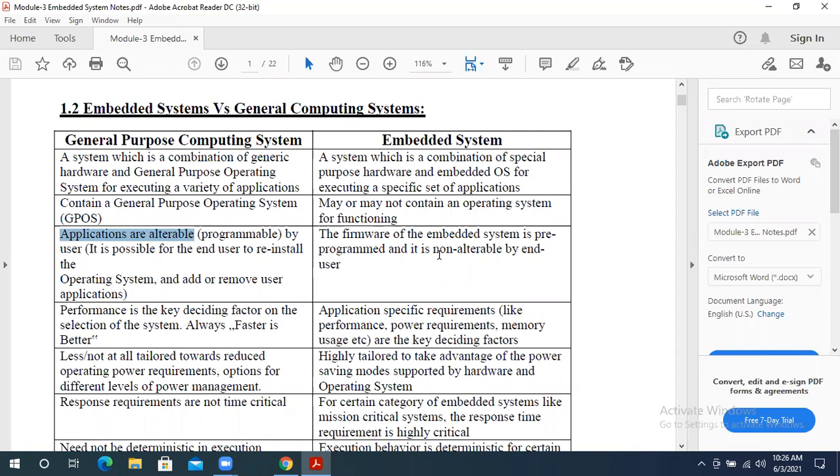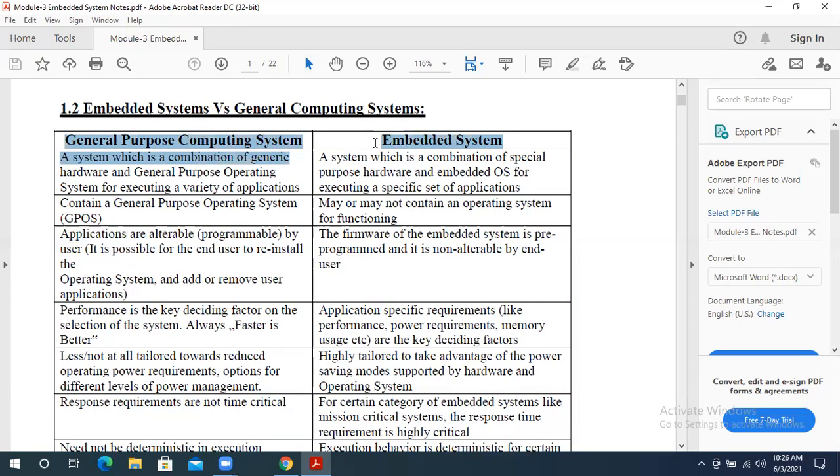So the fourth difference is that performance is the key deciding factor in the selection of the system here. When you compare these two, the embedded system is much faster compared to the computer. Why? Because it has only one task, so it does the task much faster here.